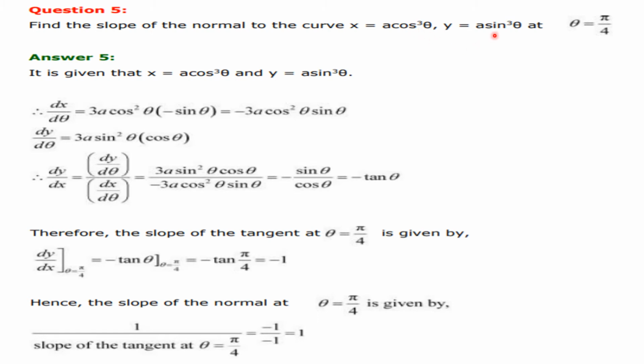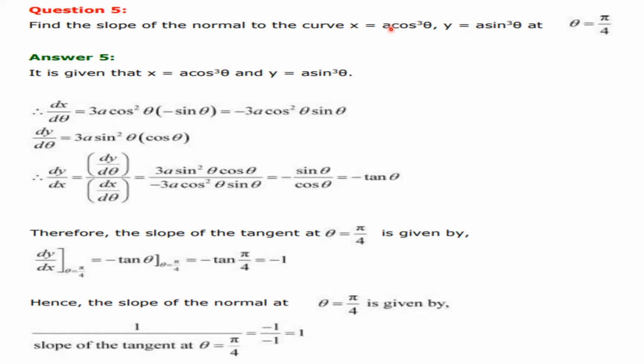You have already studied parametric form of an equation. The variables x and y are expressed in the third variable theta. We have to find the slope of the normal to this curve.